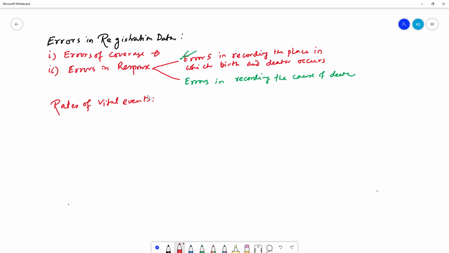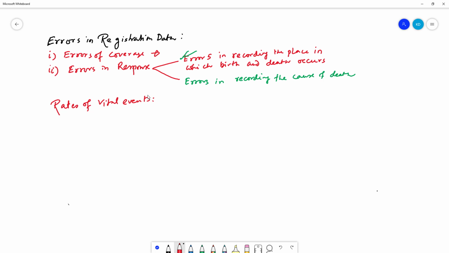For example, the statement that in country A 1 lakh people die in a certain year, whereas in country B 2 lakh people die in the same year, conveys no significant implications regarding the death pattern of these two countries, unless we know the population size of each community.